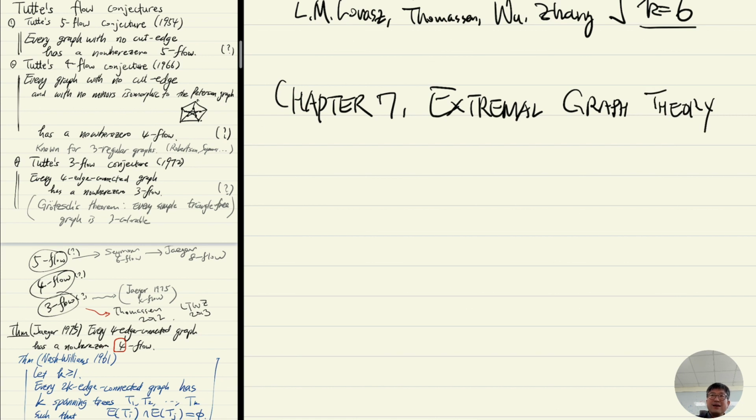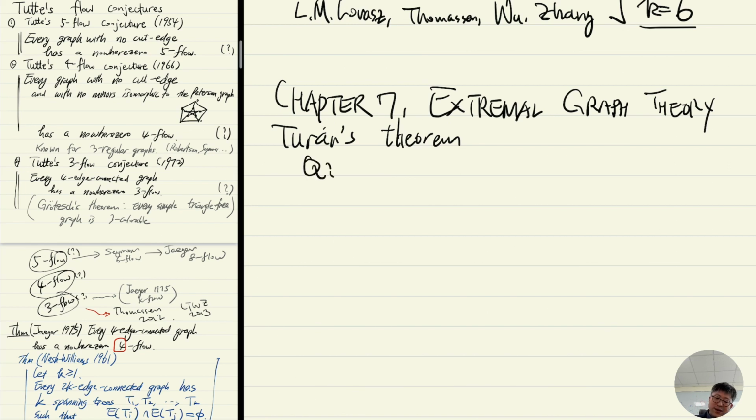One of the most fundamental, most elementary but important results in extremal graph theory is Turán's theorem.